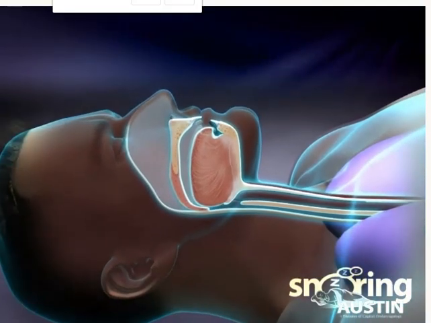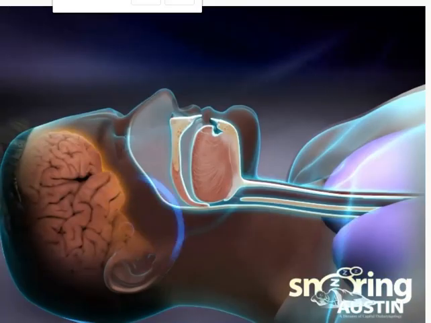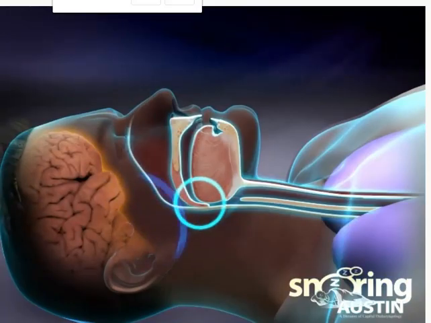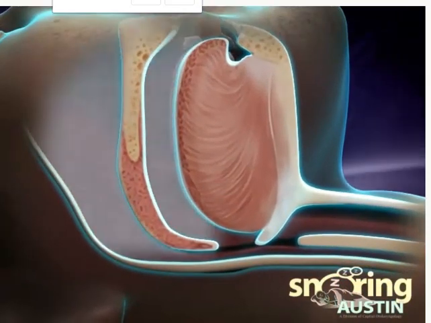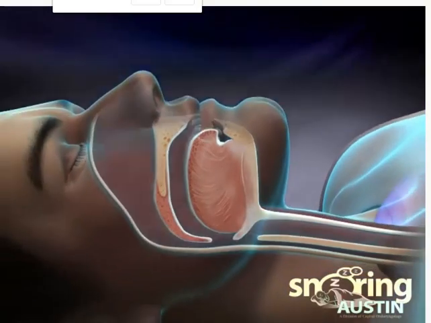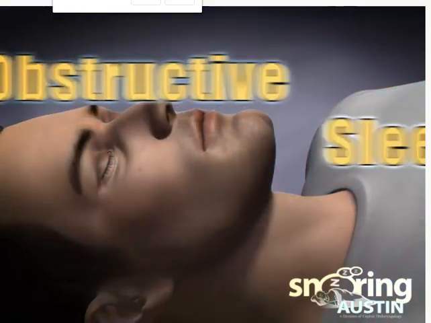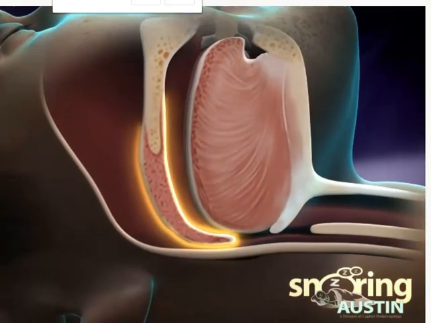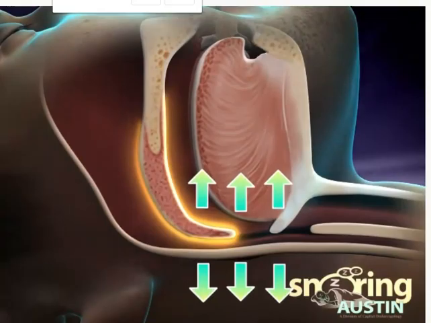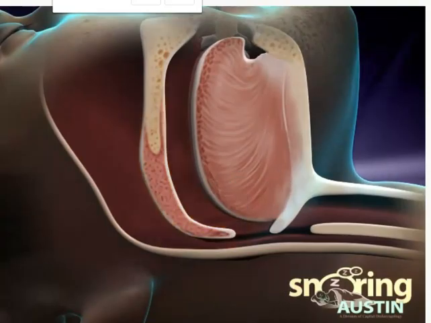When this happens, the brain sends an alarm to open the airway. Most often this is associated with a brief arousal from sleep. The brain quickly reactivates the muscles that hold the throat open. Air gets through again, and the brain goes back to sleep. This disorder is called obstructive sleep apnea. Procedures to stiffen or shorten the soft palate can improve snoring. Procedures that open the airway in the back of the throat can improve sleep apnea.